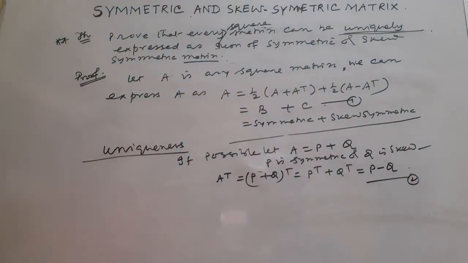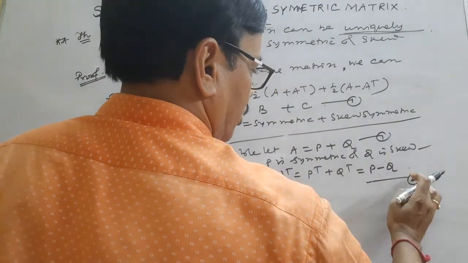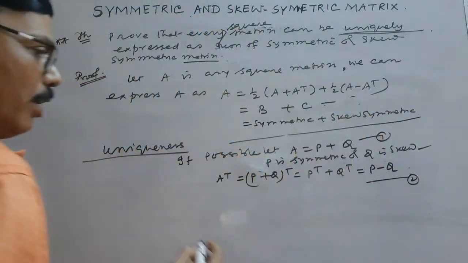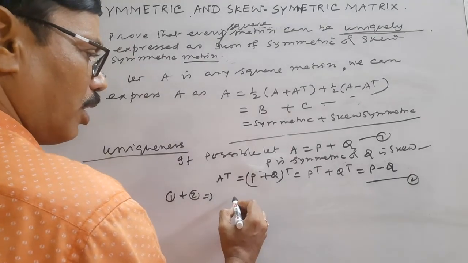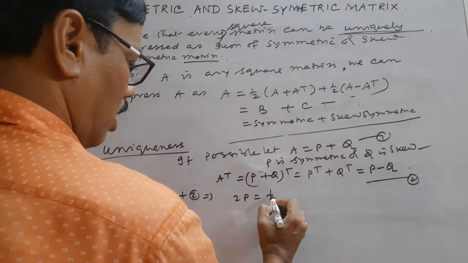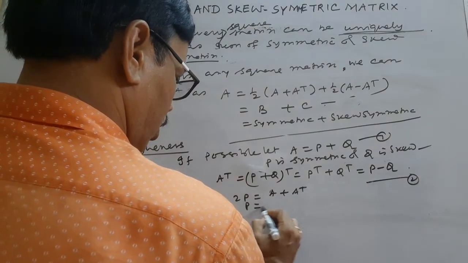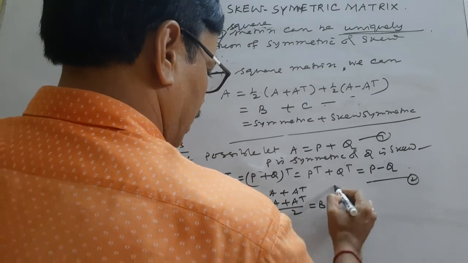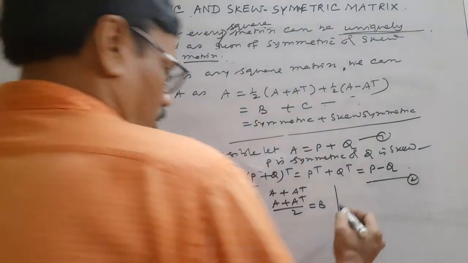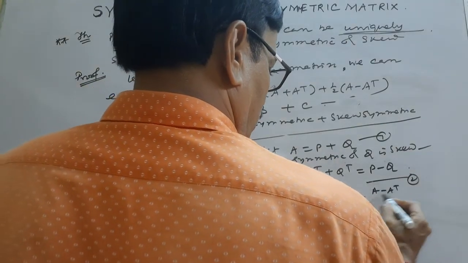Now this is P plus Q, this is 1 and this is 2. So 1 plus 2 implies 2P equals A plus A transpose. So P equals A plus A transpose by 2. So this is B. Similarly, Q equals A minus A transpose by 2.